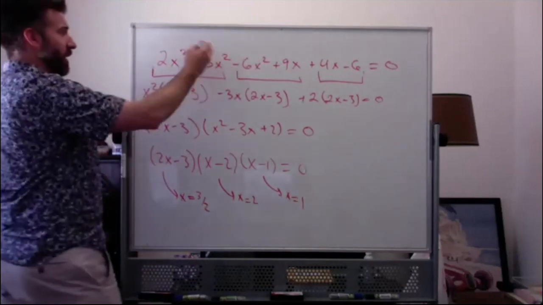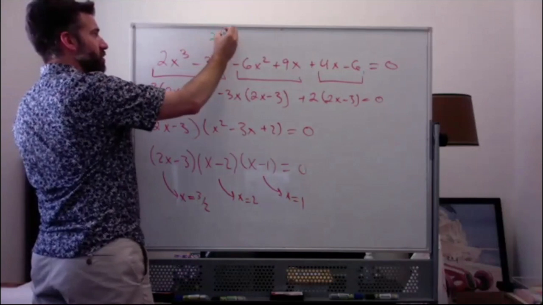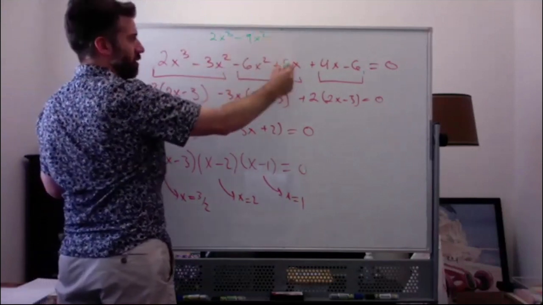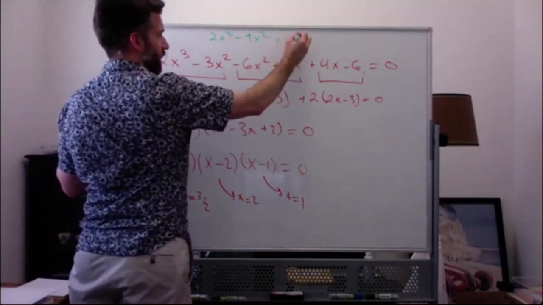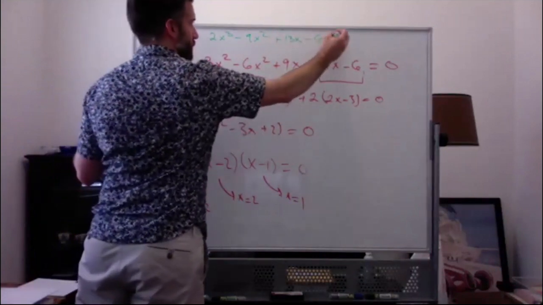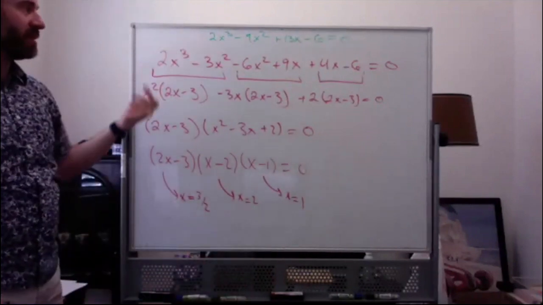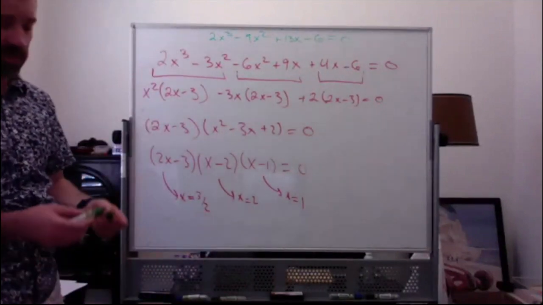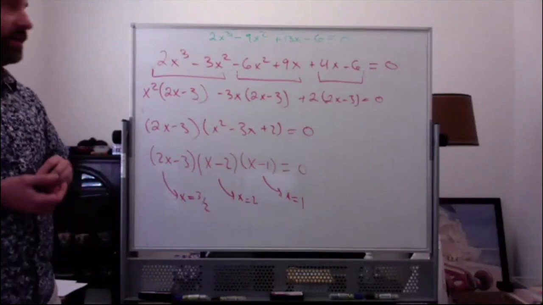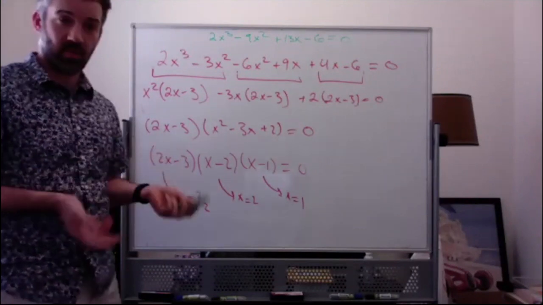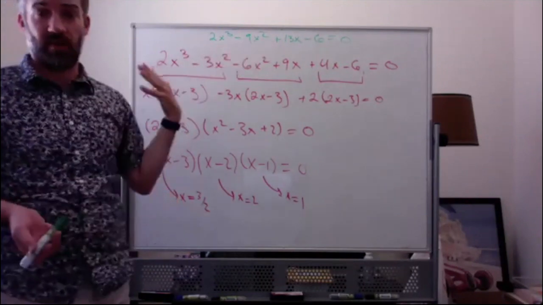You're going to simplify this and write this as 2x cubed minus 9x squared plus 13x minus 6 equal to 0. And factoring something like this can be challenging, right? If you're just given anything that's higher than a degree 2 polynomial and you don't have any common factors, there's no greatest common factor here.